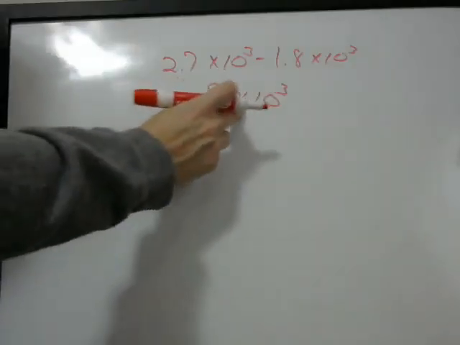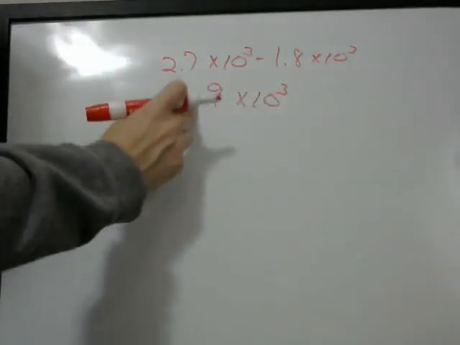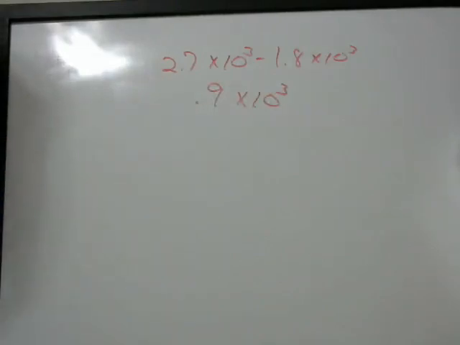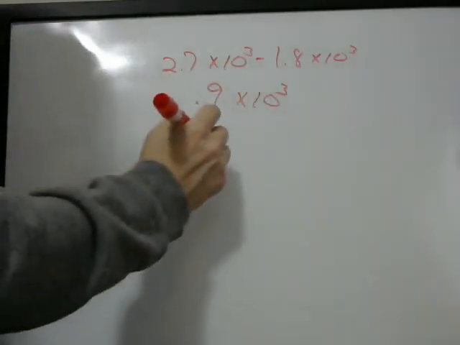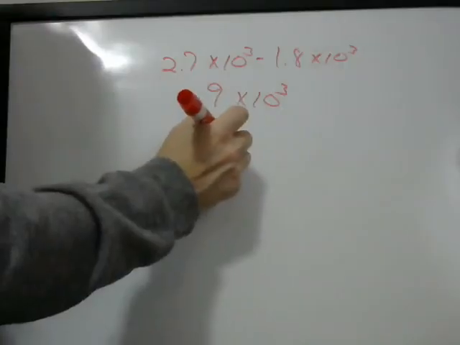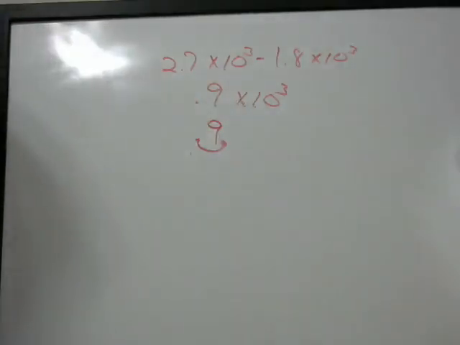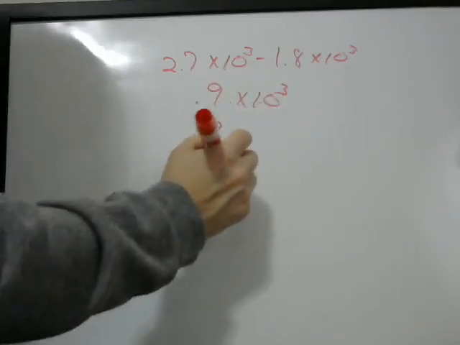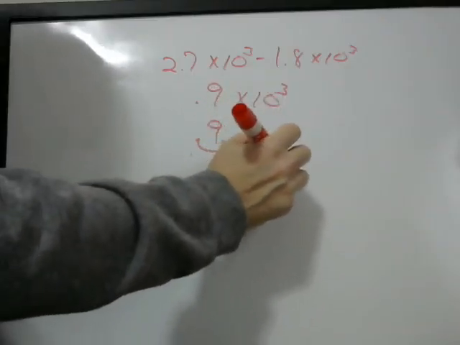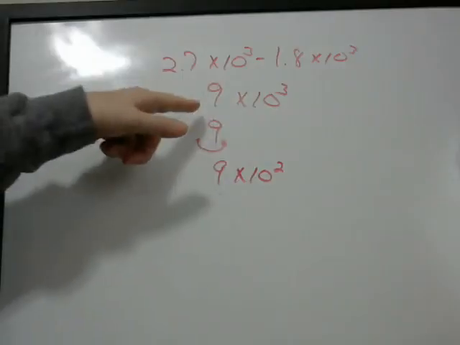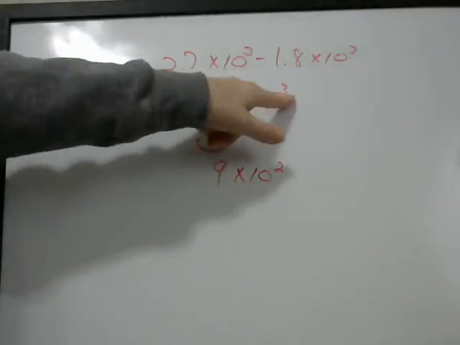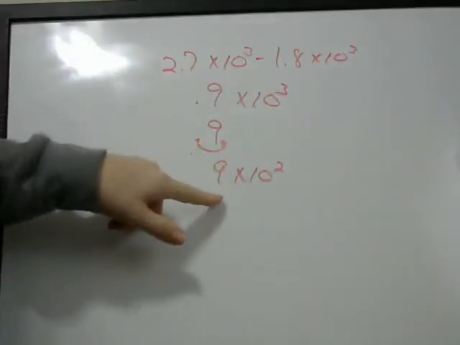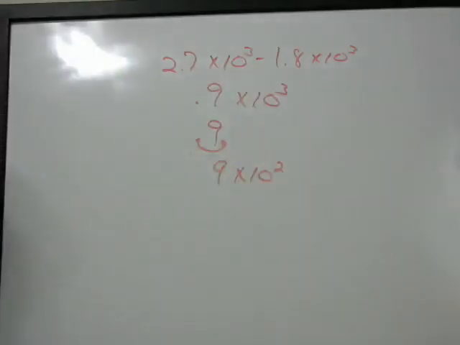So we have 0.9 times 10 to the 3. Again, this isn't in scientific notation because there should be one number to the left of the decimal for scientific notation. So we're going to move that over to the right one time. And remember, if you move it to the right, you have to make this smaller. If you move the decimal to the right, this number gets smaller. If you move it to the left, this number gets bigger. Since we moved it to the right one, it got smaller by 1.